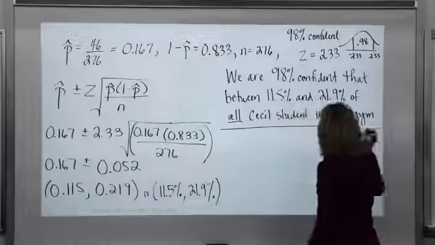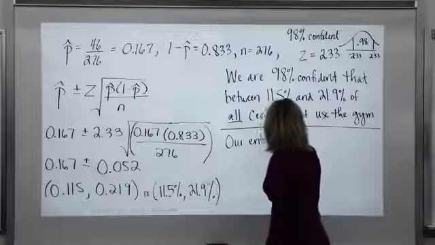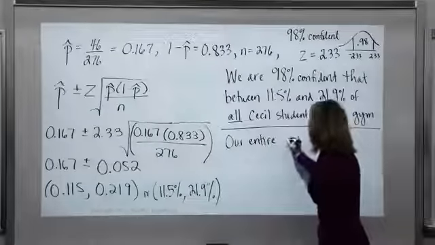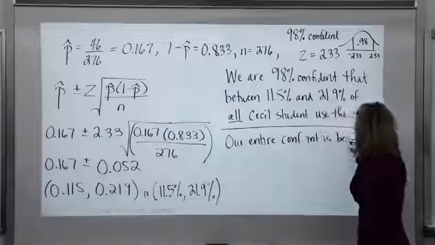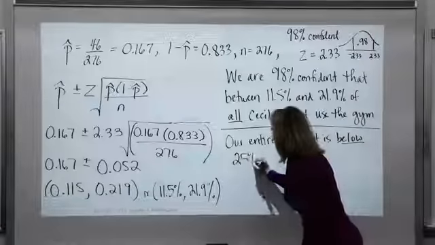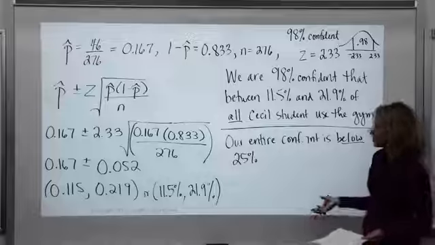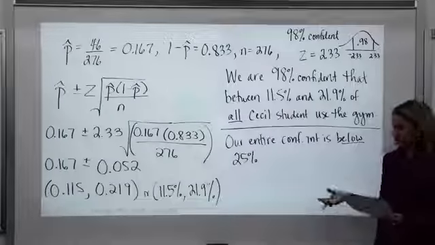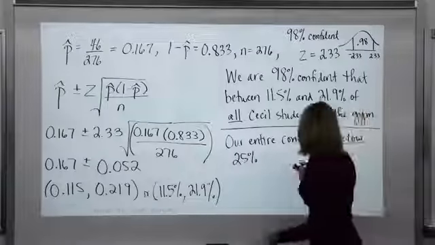So to address that question, our entire confidence interval is below 25%. So this would give us some evidence here that the college is not meeting its goal. We could say that we're 98% confident that they're not meeting their goal.